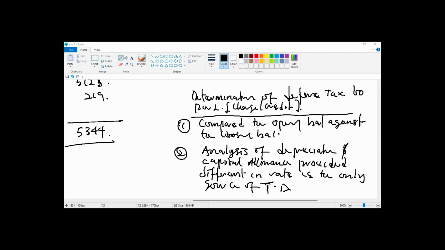You now know how to interpret what I've told you, this year's depreciation against the capital allowance. You will now start so that you can make your judgments. That is what I'm saying.